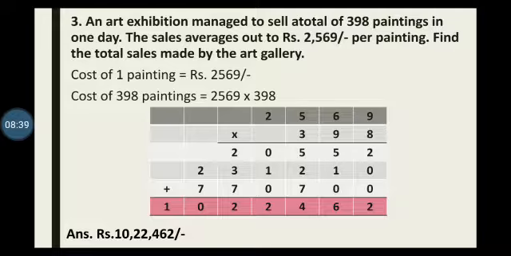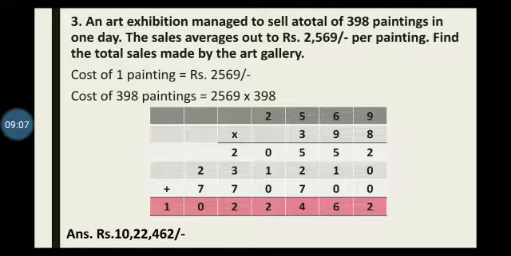The third situation. An art exhibition managed to sell a total of 398 paintings in one day. Some artist is making paintings and he wants to sell them. So he exhibits them. Exhibits means उनको display किया so that people can come and see and purchase if they want.